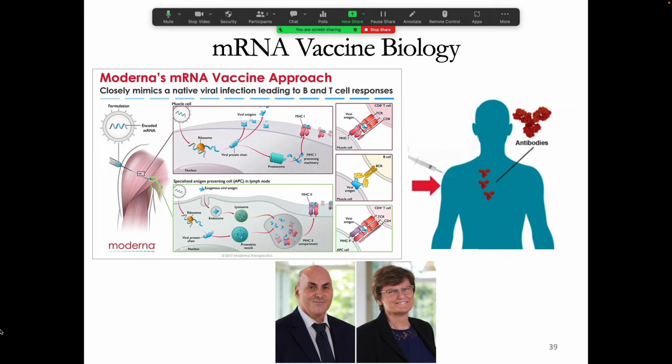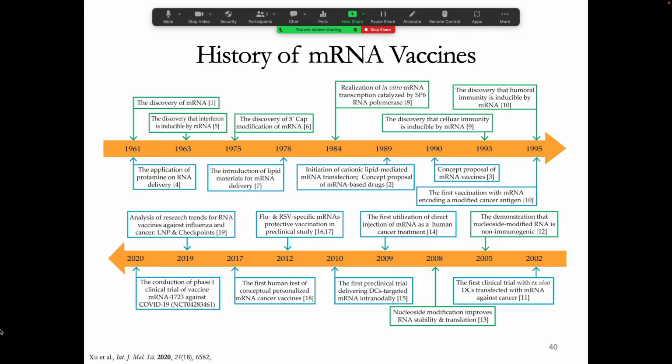One thing people often ask, or feel really uncertain about with regard to mRNA vaccines, is a little bit about some details of the history of mRNA vaccines. So let me just tell you a little bit. mRNA was first described in 1961.